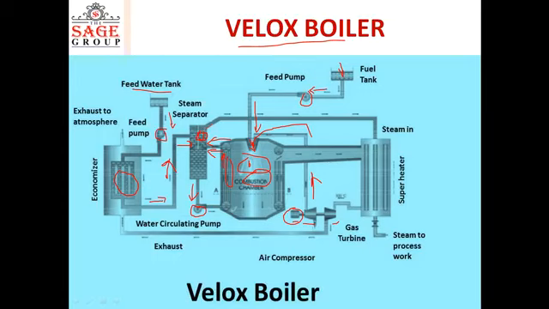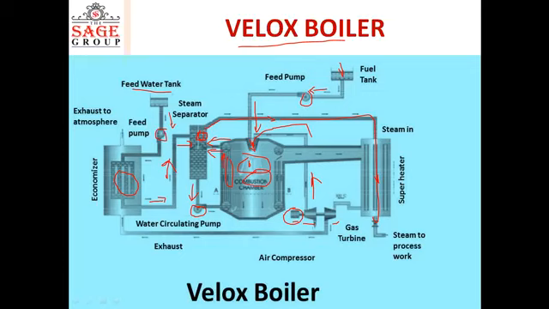From this section, the steam will go following this passage, and this steam will enter here, and this is known as the superheater section. So steam is coming here in the superheater section.